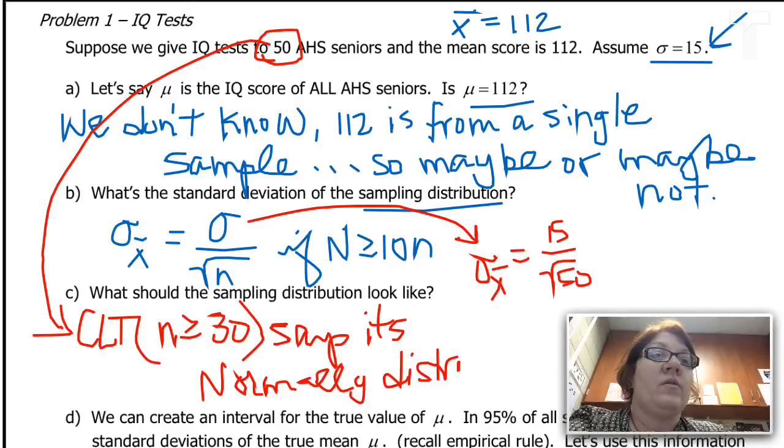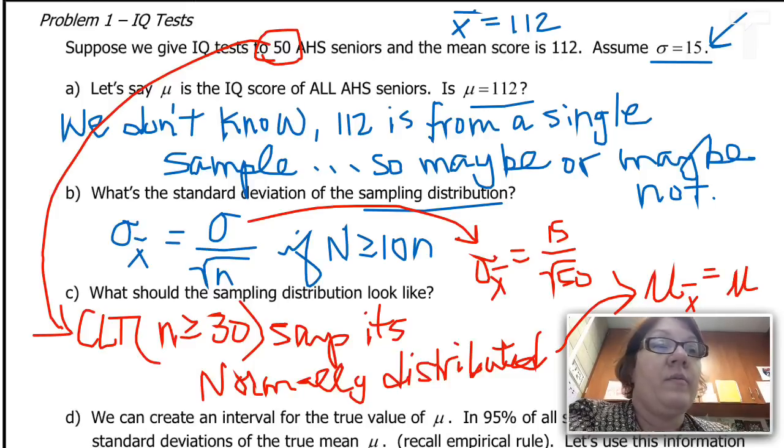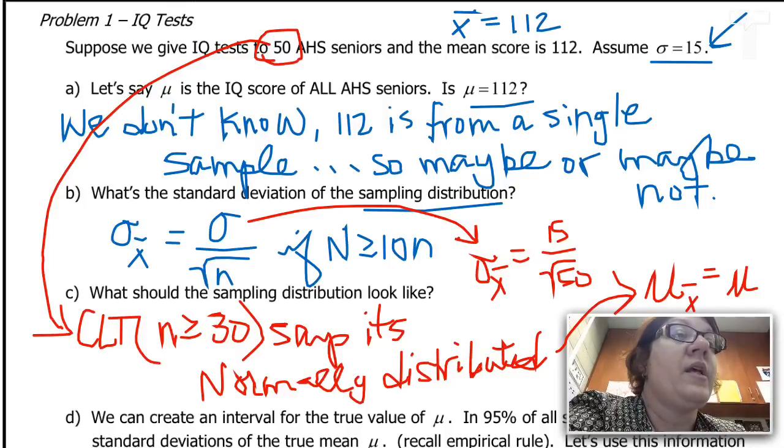And of course, we're thinking that the mean of this sample is equal to the mean of the population, again by central limit theorem, and the standard deviation, of course, we just calculated.